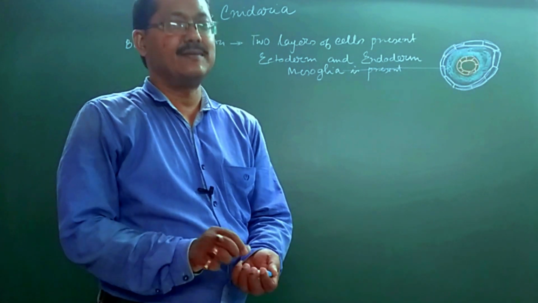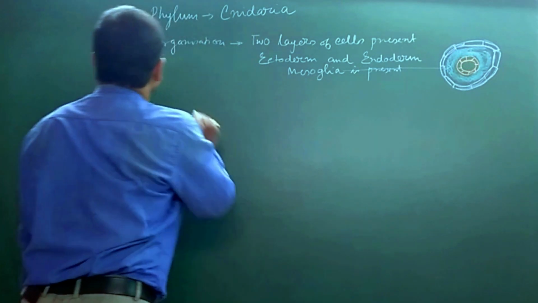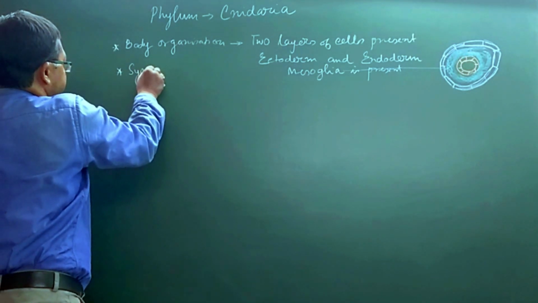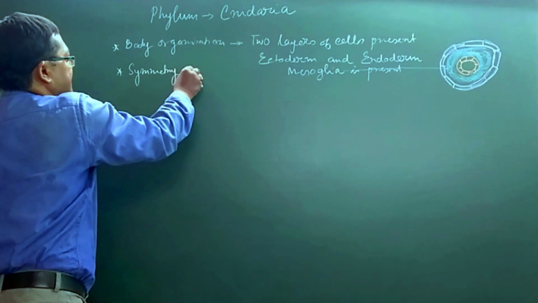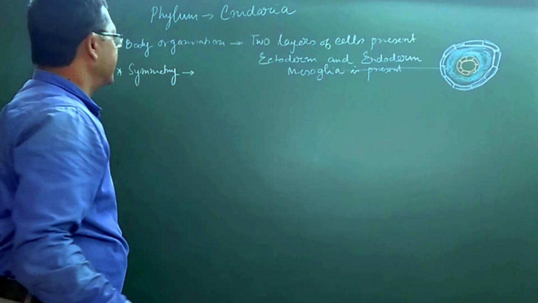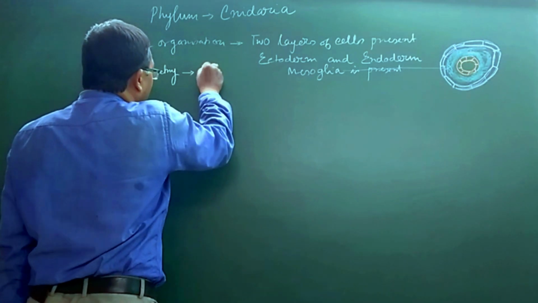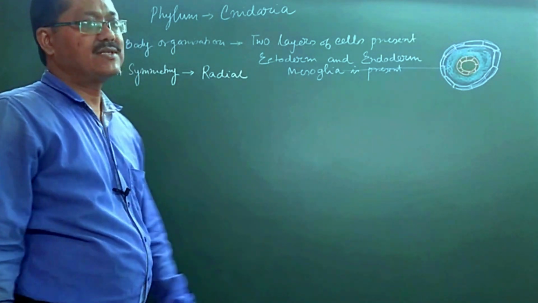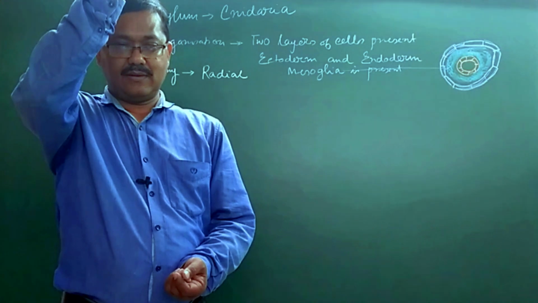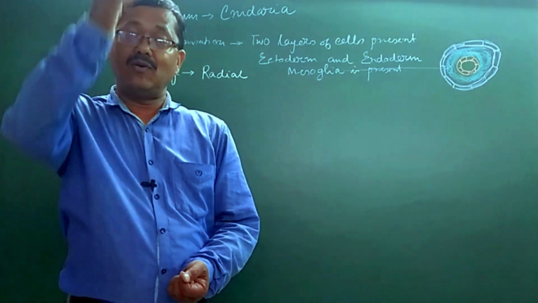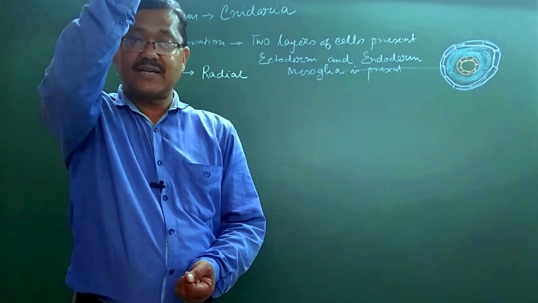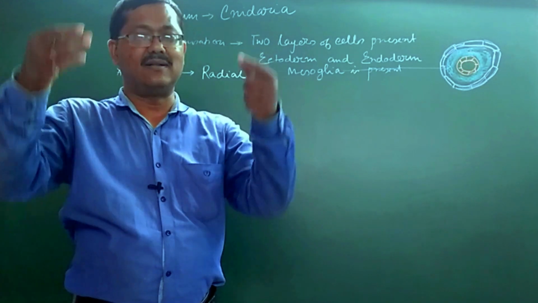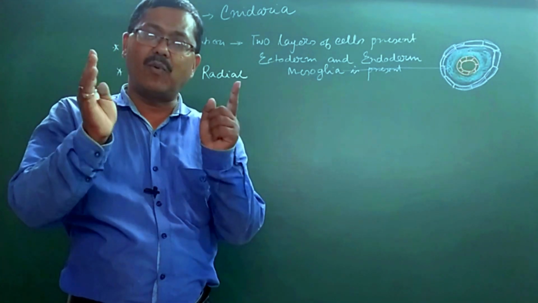Second is symmetry. Their body symmetry is radial. That means when we dissect this body along a plane that passes through the central axis, and this plane may vary in different angles, we get different body parts.